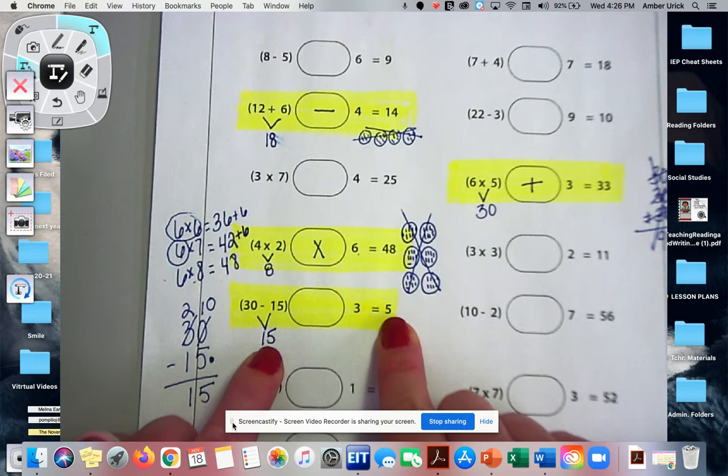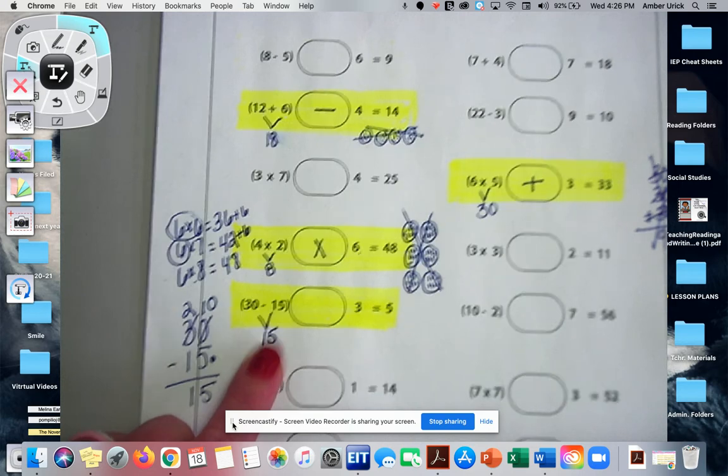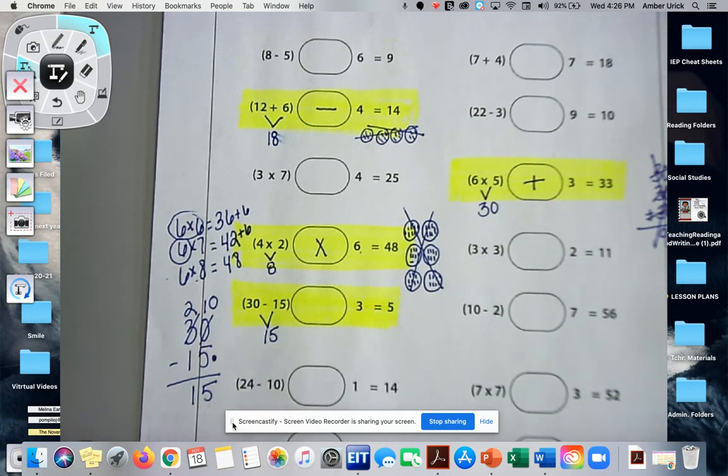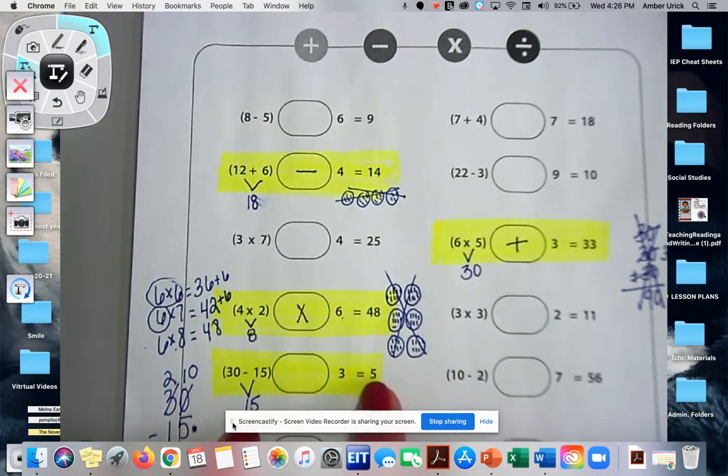So 15 blank 3 is 5. Oh boy. Blank 3. This number is bigger here and it's getting smaller.